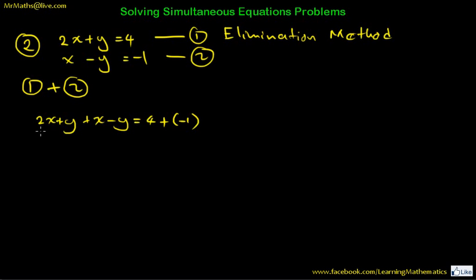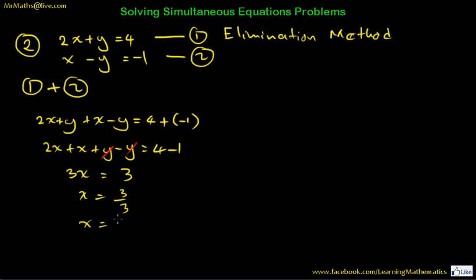So now 2x and x. 2x plus x and then plus y minus y is equal to 4 minus 1. So 2x and x becomes 3x, while y minus y is nothing. So 3x is equal to 4 minus 1 is 3. So x is 3 over 3. So x is 1. Okay, quite easy.